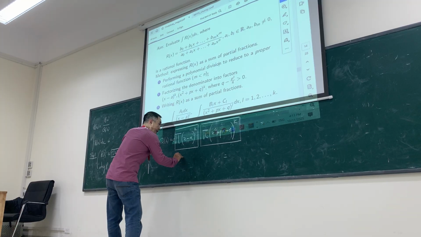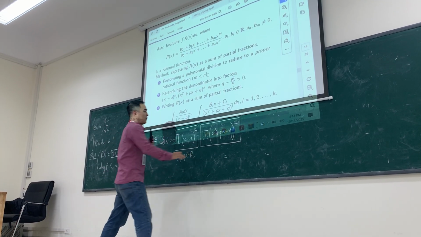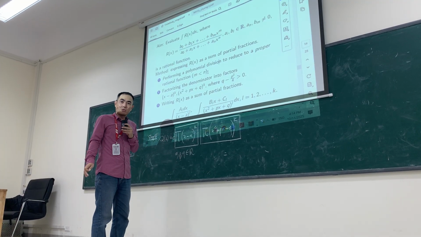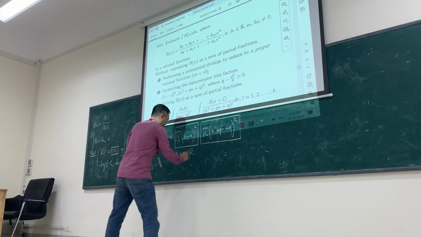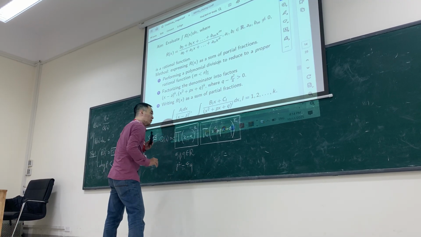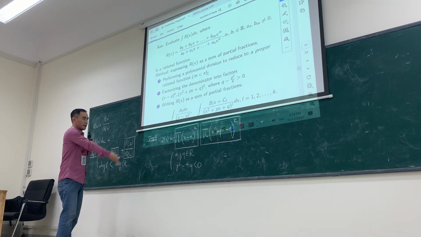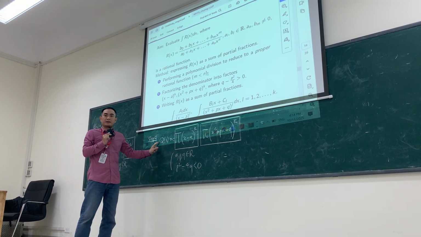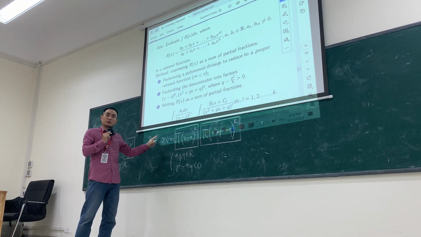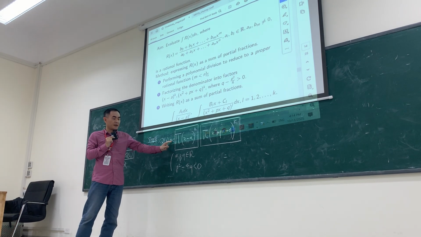Here a, b, p, q belong to the real numbers. All quadratic functions here have no real solution, so they satisfy this condition: p squared minus 4q less than 0. Step 2: we express the denominator polynomial in this way.